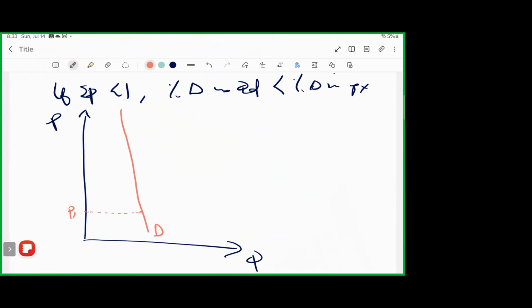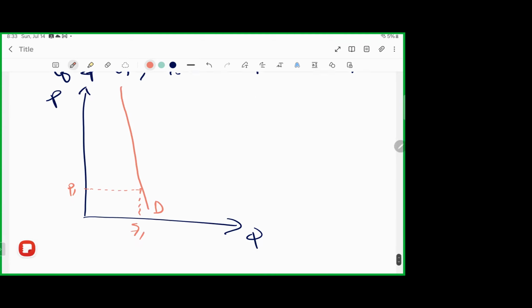Okay, so if the price is P1, quantity demanded will be Q1. Now let's say price has been increased to P2. What will happen to quantity demanded? Quantity demanded will fall to Q2. So you realize that the increase in price is more than the decrease in quantity demanded.